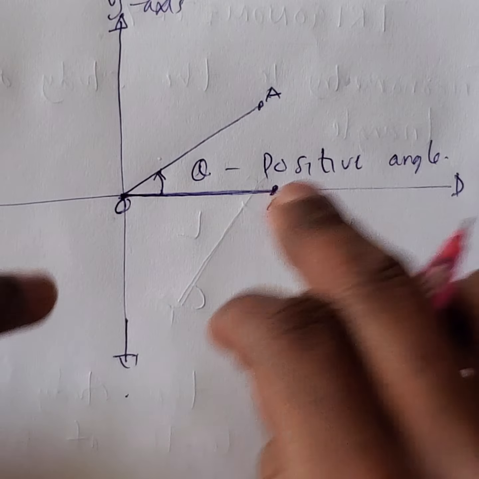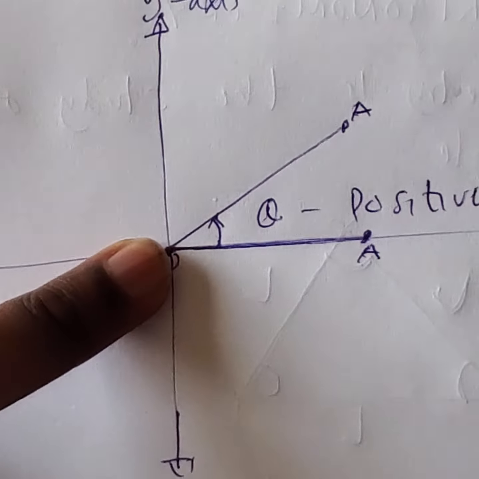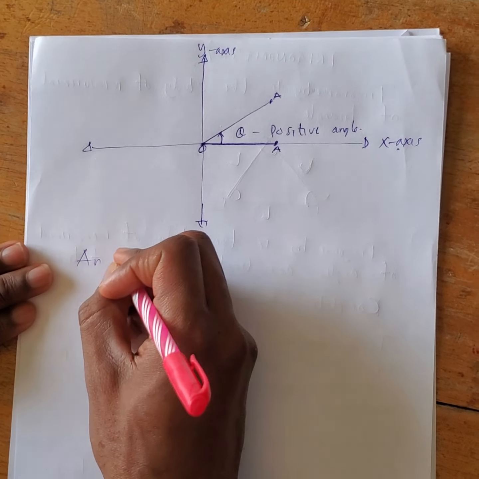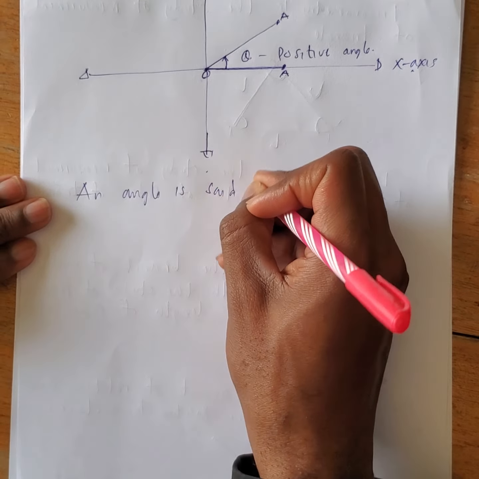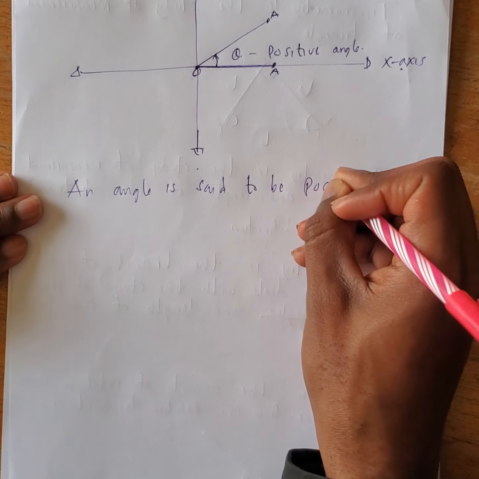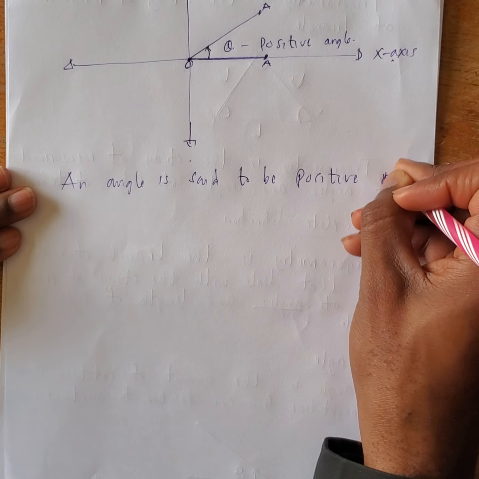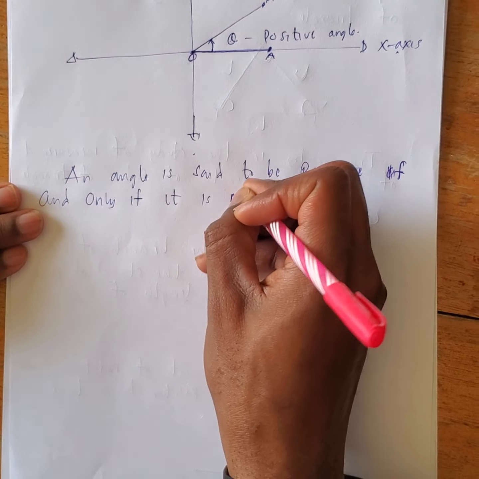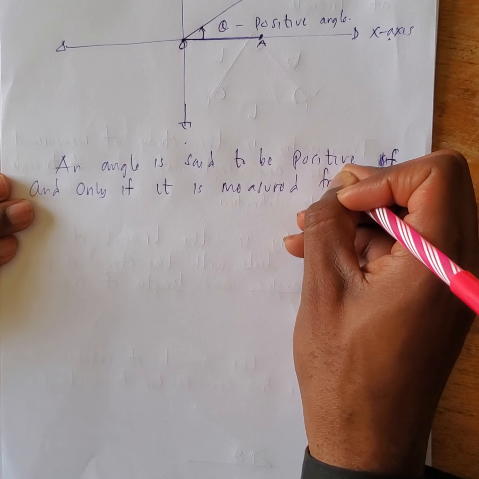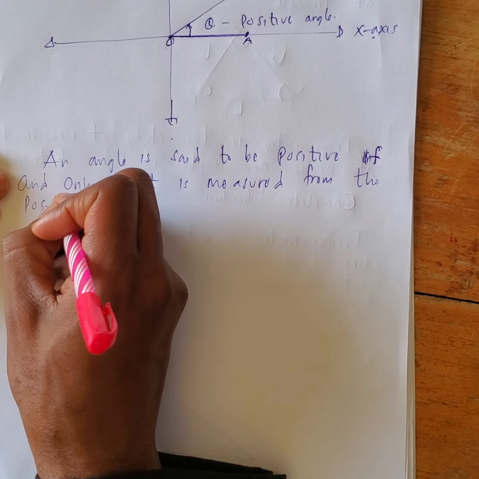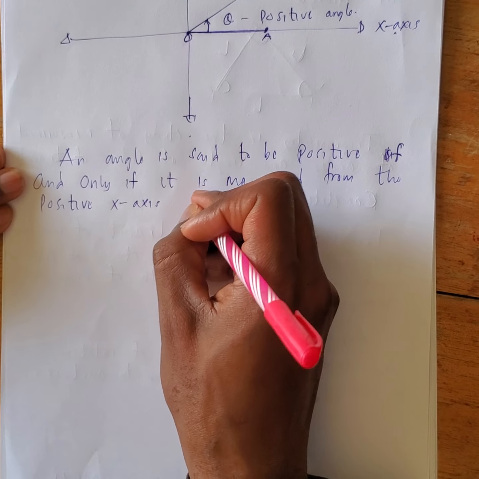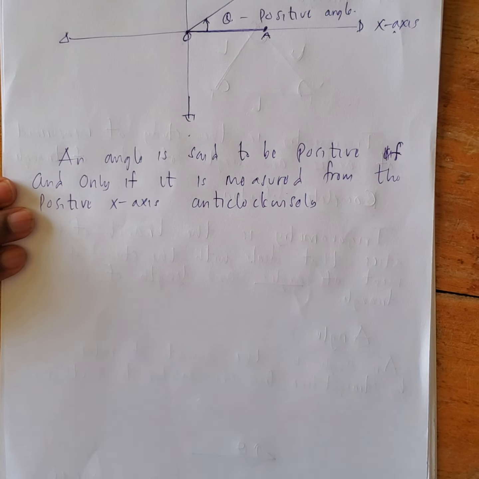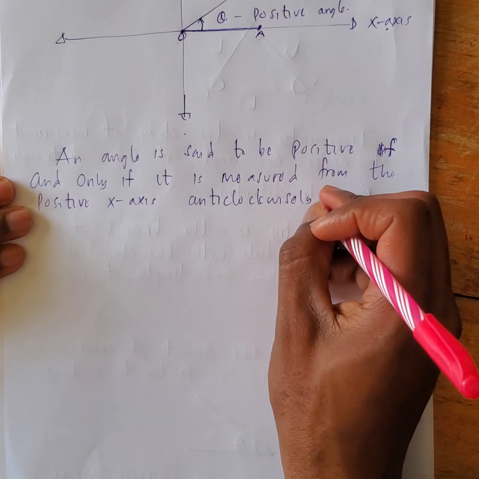So an angle is said to be positive if and only if it is measured from the positive x-axis anti-clockwise.